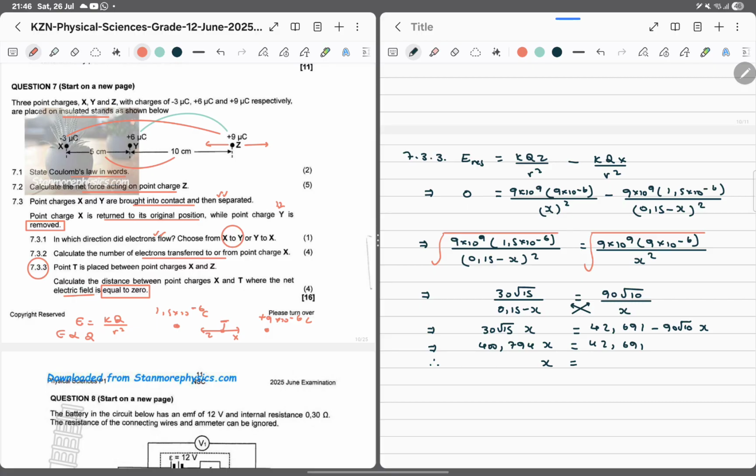So this to two decimal places is 0,11 meters.